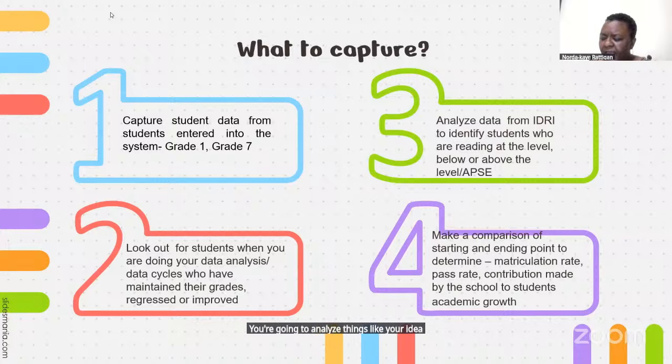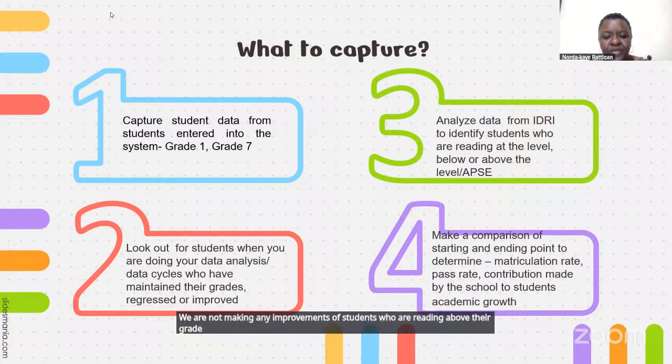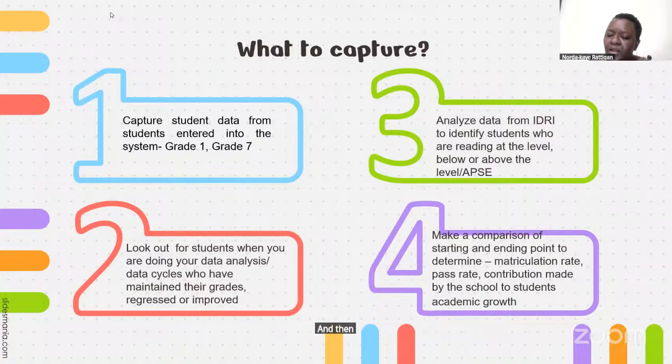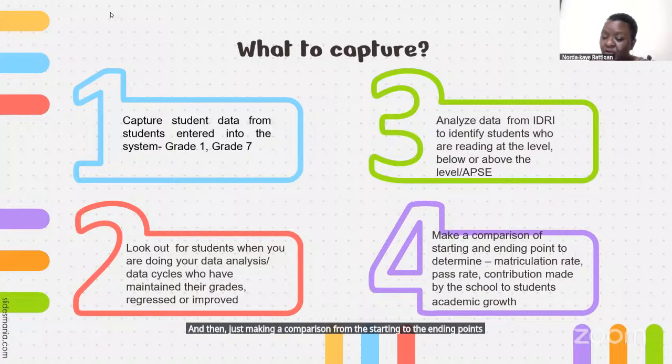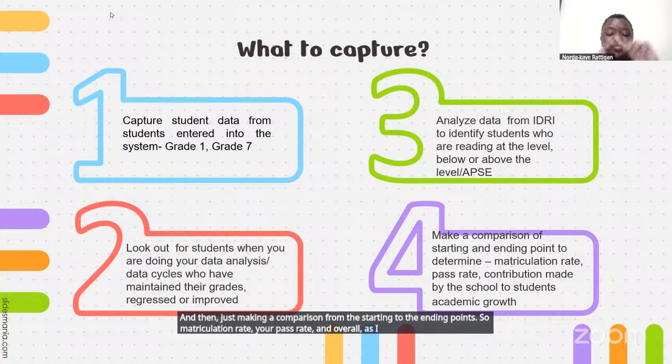So if I have students in grade 1 and I'm looking at their IDRI results and I'm realizing that we're not making any improvements in students reading above their grade level, something is wrong over a couple of years. And then just making a comparison from the starting to the ending points: the matriculation rate, the pass rate, and overall, as I said before, the contribution made by the school to the students' academic growth.